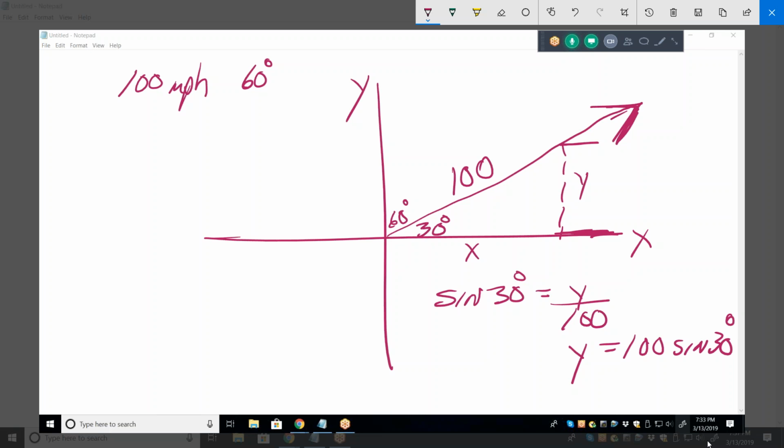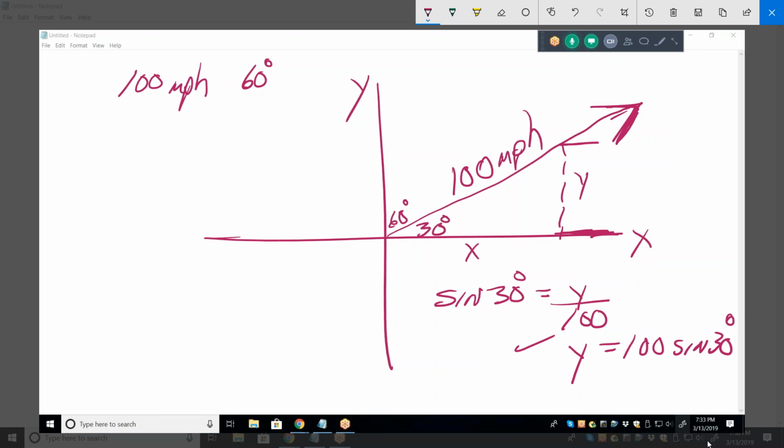If the plane is traveling at 100 mph in this direction, I can separate that into a vertical component and a horizontal component. Here's the vertical component right there. The sine of 30 degrees is 1/2. So effectively, the plane is moving in a northerly direction by 50 miles per hour. You with me? Okay.